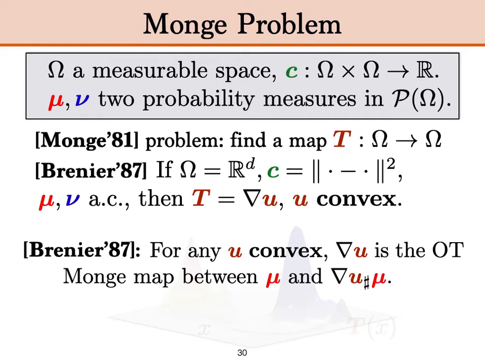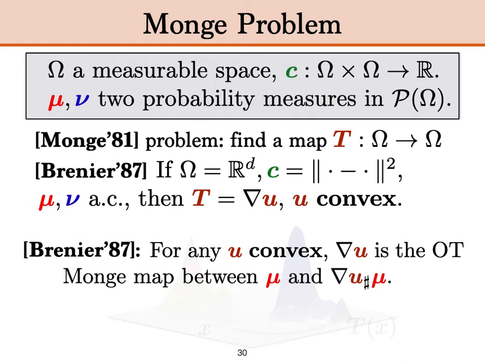And so this is what the Brenier theorem says: if you're looking for an optimal transport between two measures that are nicely behaved, in the squared Euclidean distance cost, then necessarily it has to be the gradient of a convex function. And more generally, for every convex function u and every measure mu, if you displace the measure mu according to the gradient of u, you will get another measure, we'll call it nu. Well, it turns out that doing so, to go from mu to nu, is optimal. It's necessarily optimal. So in other words, if you take a measure and displace it along the gradient of a convex function, then you will always do things optimally. You will always be moving mass around optimally.